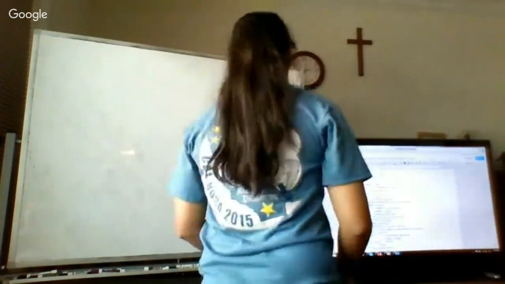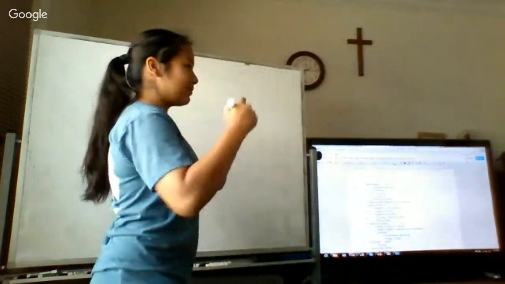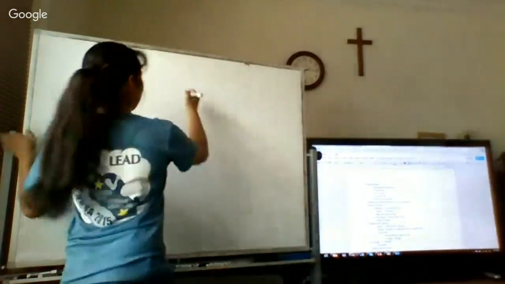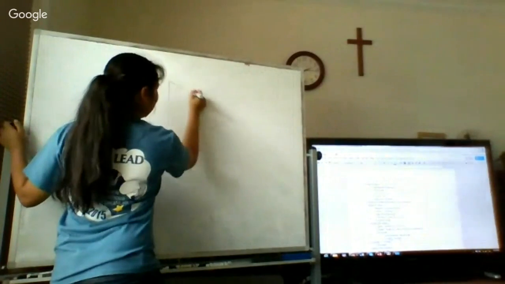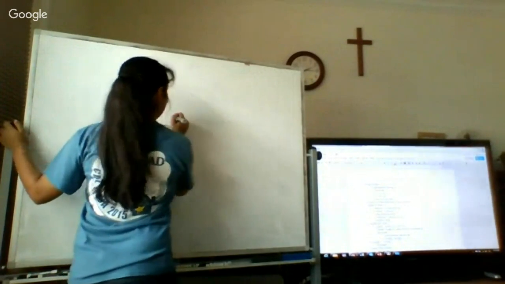Okay. So the first thing we're gonna go over is the Pythagorean theorem. It's just a special rule that we use when we have right triangles. So a right triangle like this.